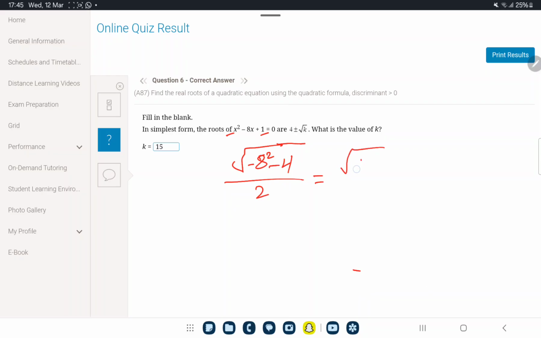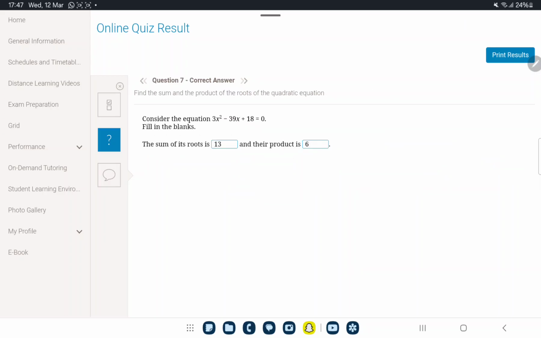So 64 minus 4 over 2, you get radical 60 over 2, so after you put it in your calculator, you should get radical 15. So k is 15.